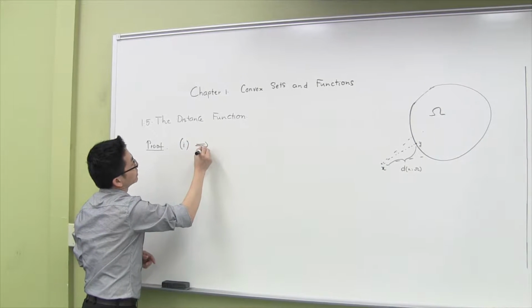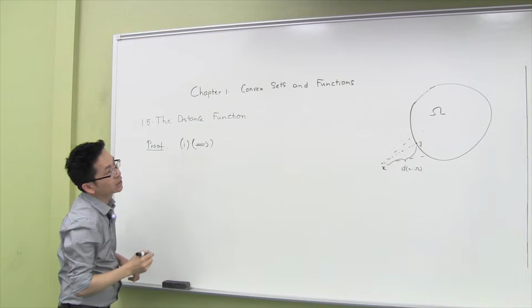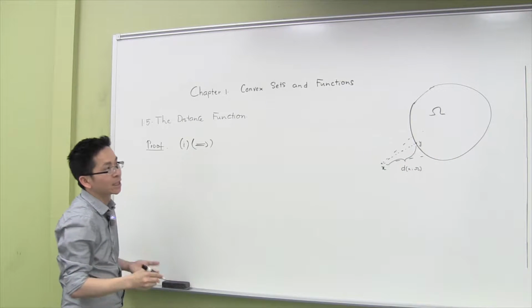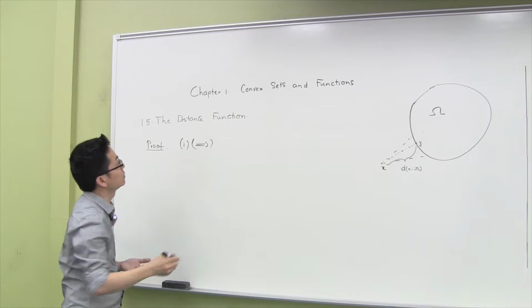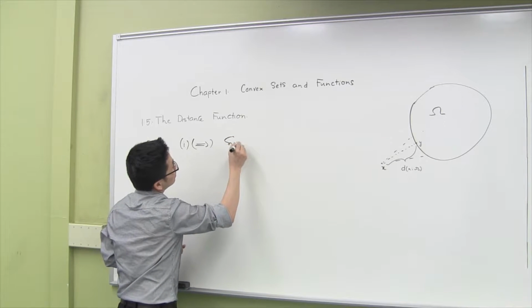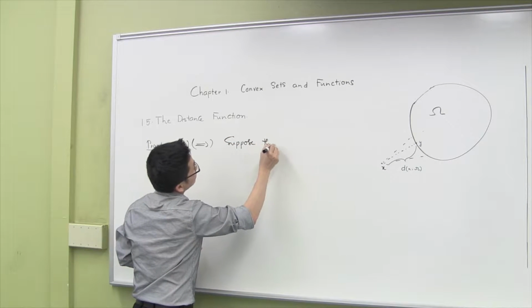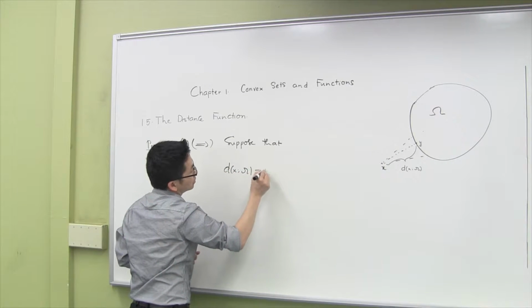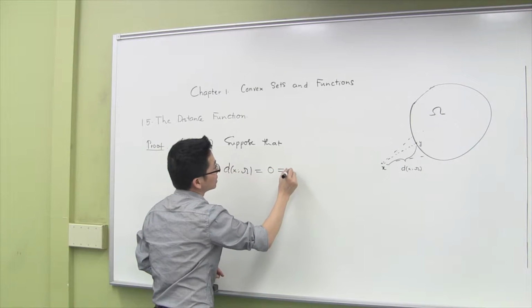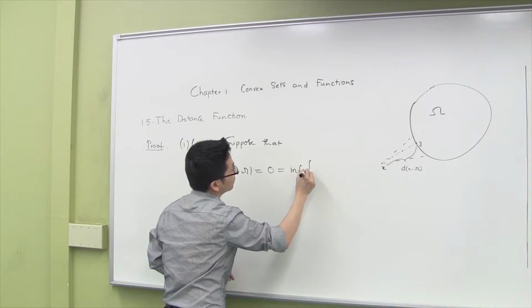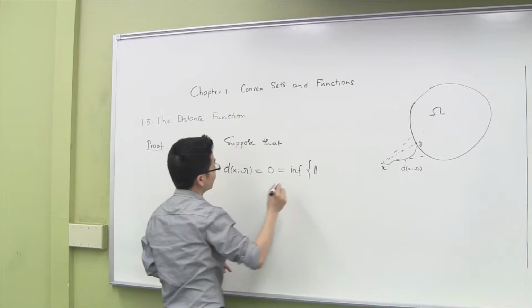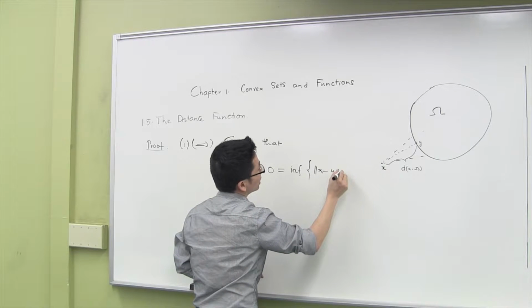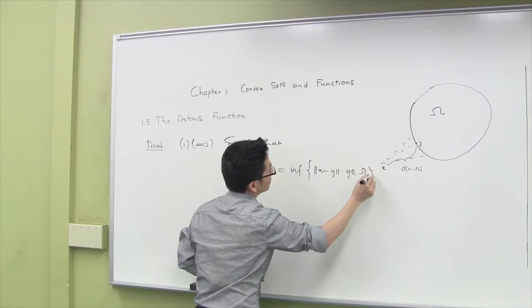Now, for the proof of part I, at first we assume that the distance from x to omega is equal to 0. And by the definition, it's just the infimum of the Euclidean norm of x minus y, where y runs in omega. Okay.